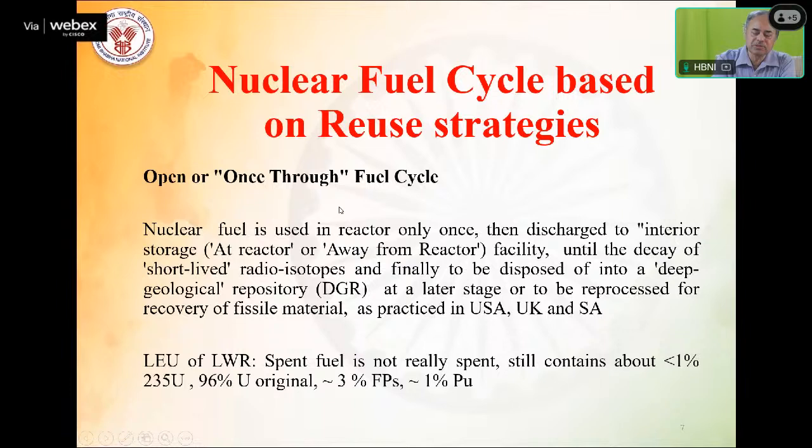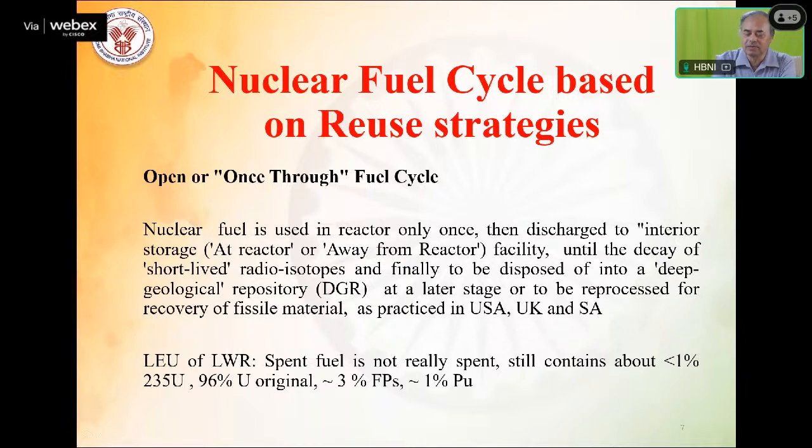So open or once-through fuel cycle, the nuclear fuel is used in reactor only once, then discharged to interim storage, that is at reactor or away from reactor facility, until the decay of short-lived radioisotope, and finally to be disposed of into a deep geological repository at a later stage, or to be reprocessed. This is practiced in USA, UK, and South Africa.